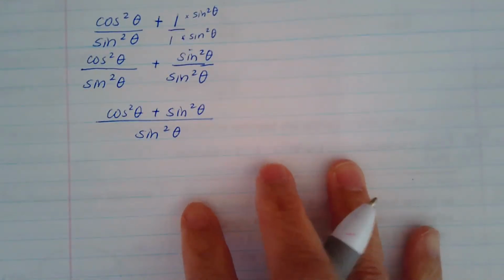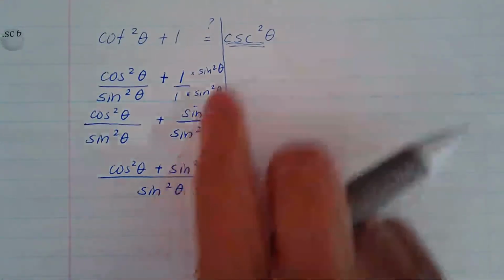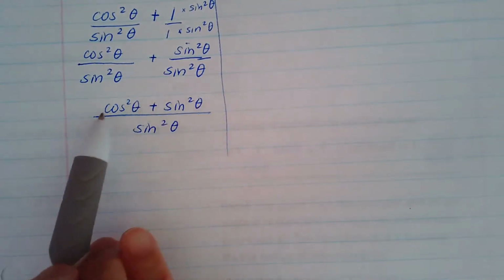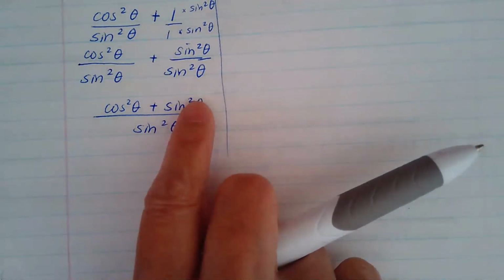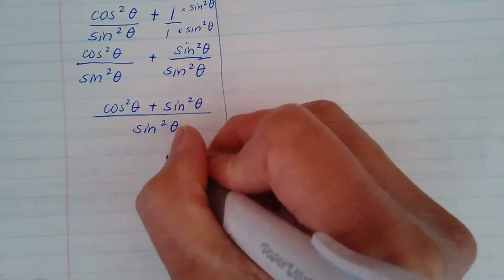Remember, I'm just working out one side of the equation, and at the end I'm going to end up with this. What do I know? Oh, I recognize this. This is cos squared theta plus sine squared theta. Hey, that's the Pythagorean identity. That's equal to 1.